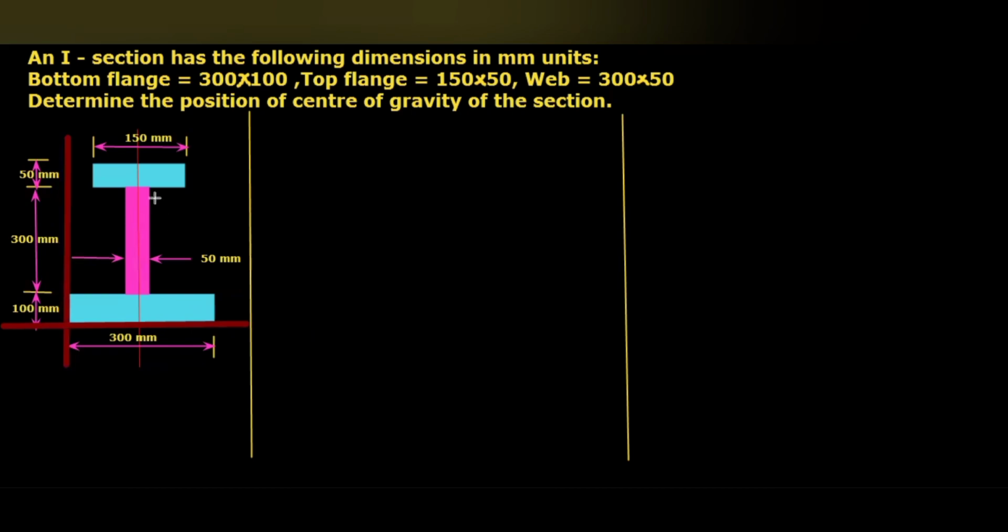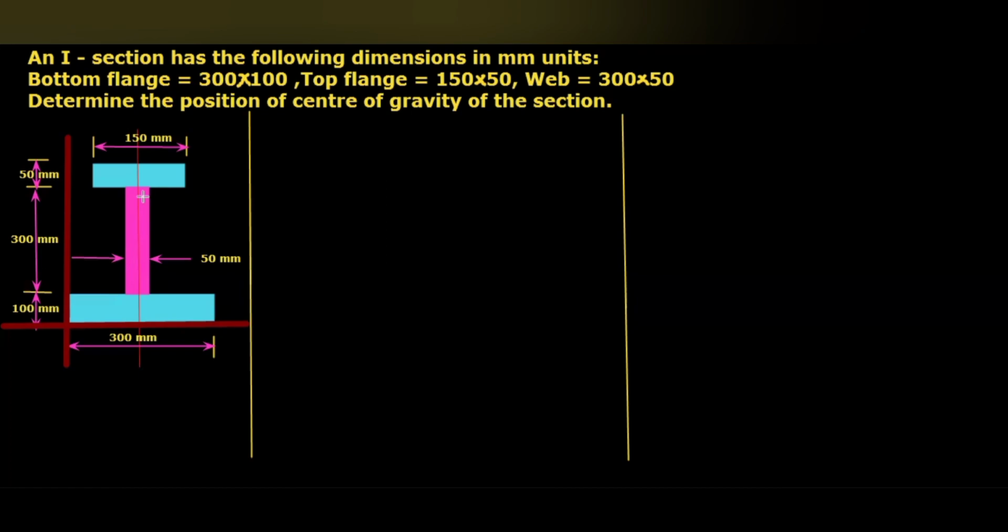Here you can see this I section is symmetric about its vertical axis. So it is not needed to calculate x bar separately, because the center of gravity of the I section should lie on this vertical axis itself.